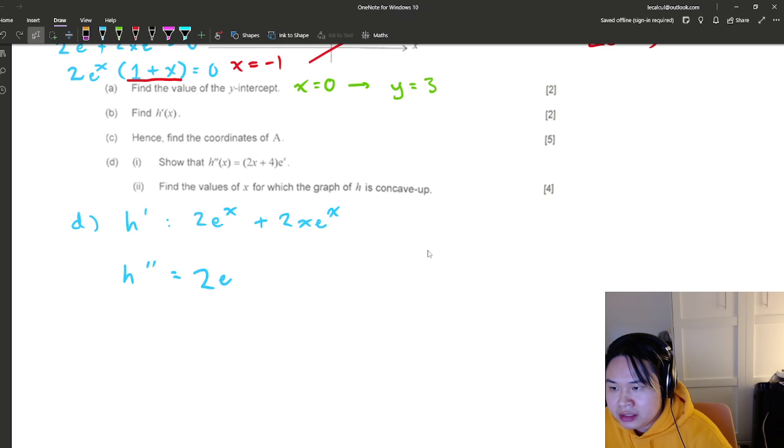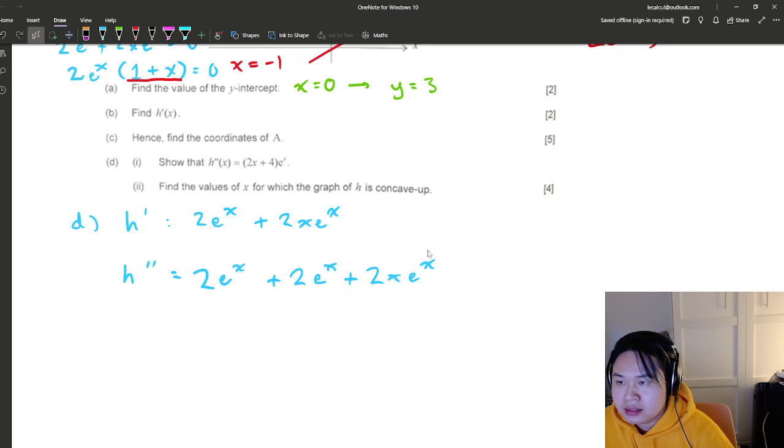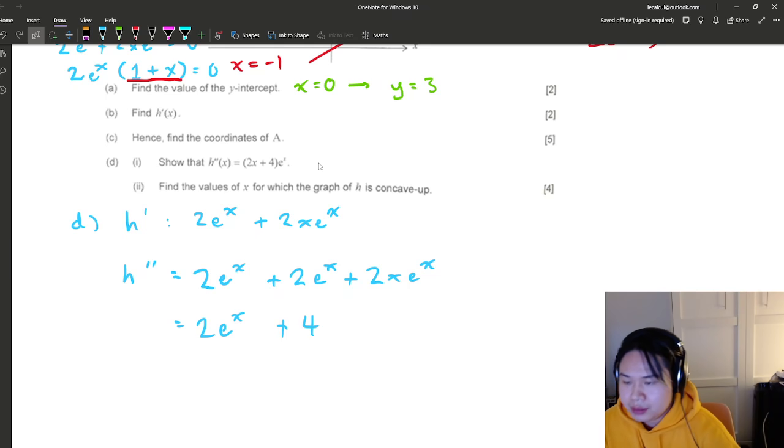It's the same thing. And then this is the same product rule as before. So 2e^x plus 2x e^x. But we want to make it look like this. And that's straightforward. These are like terms. So I can add these two.